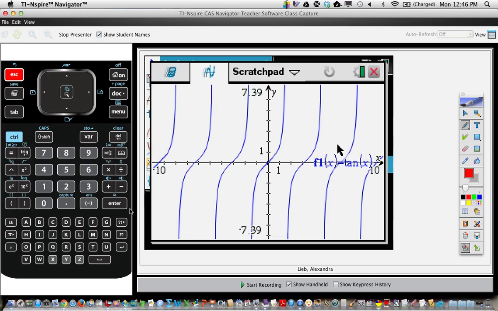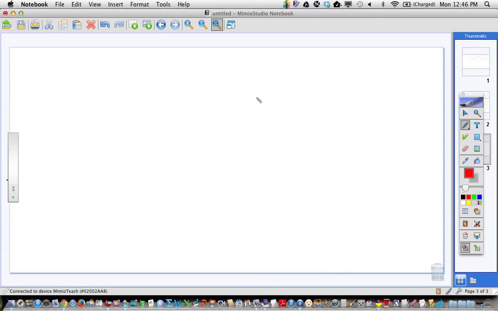So remember, that's what tangent looks like. It's kind of these increasing little S-shaped things, and the asymptotes are where? Pi halves, right? And see, I'm recording this, so I'll flip back and forth here.